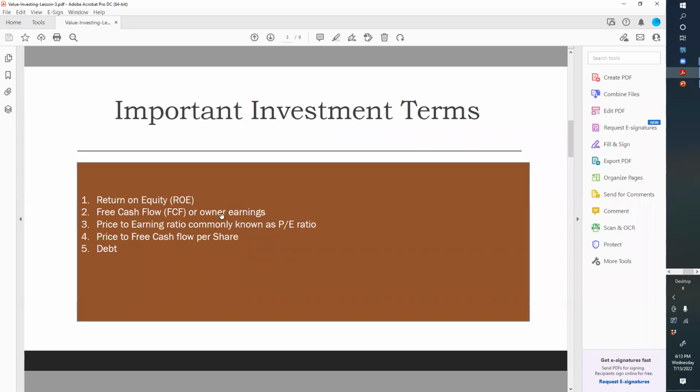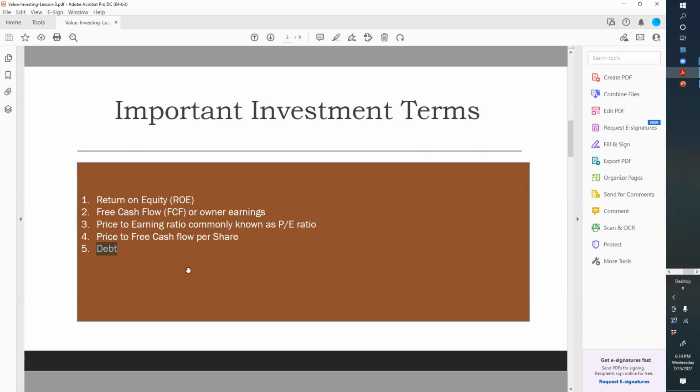The free cash flow or owner earnings I explained in lesson 2. In the next lesson, I also did some in the debt section. I just want to tell you, don't go over 5 times net income.